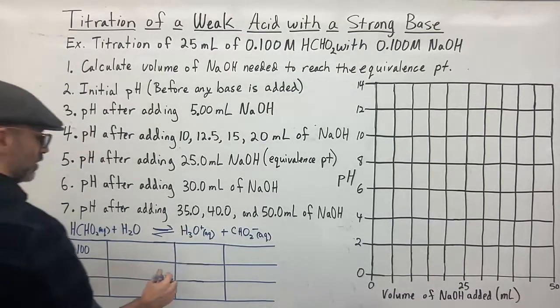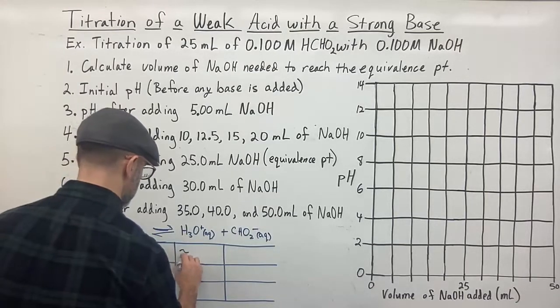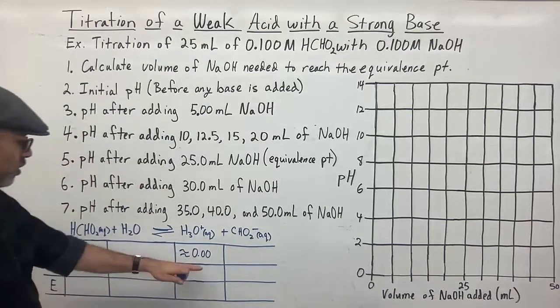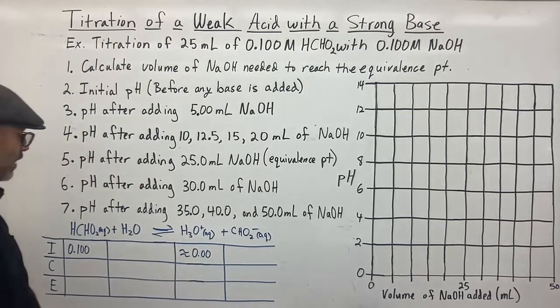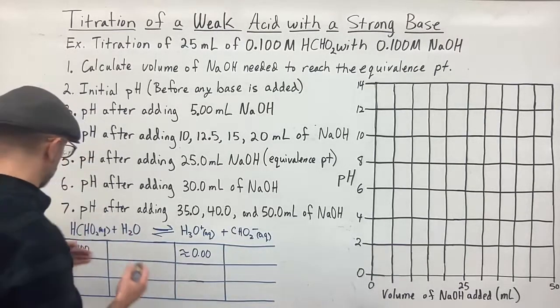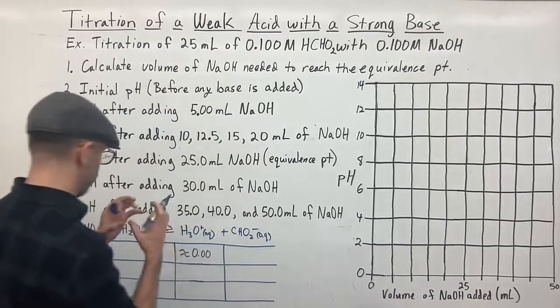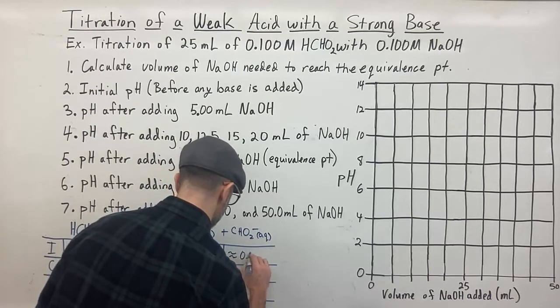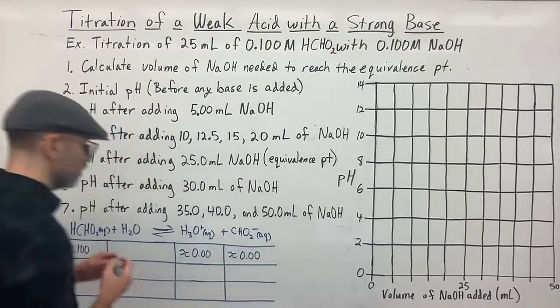And our H plus concentration is effectively 0 at this point, 0.00. And then this is also going to be 0, because in the initial we're assuming everything stays together. So again, this is going to be 0.00.